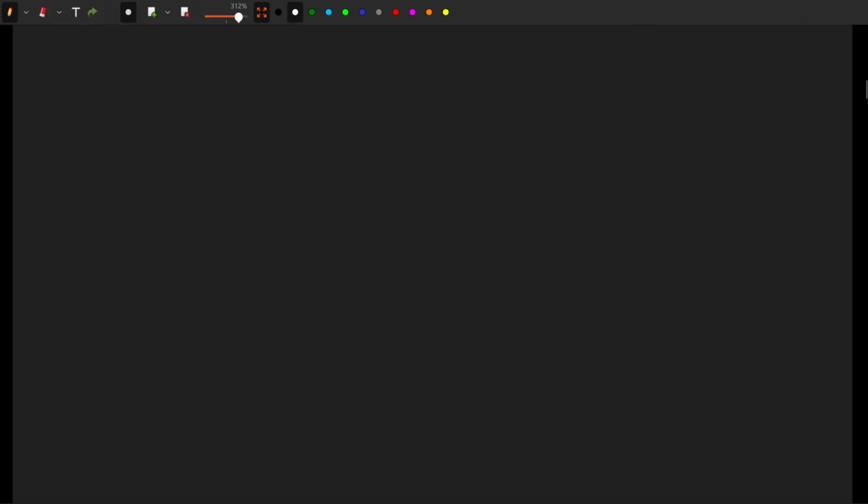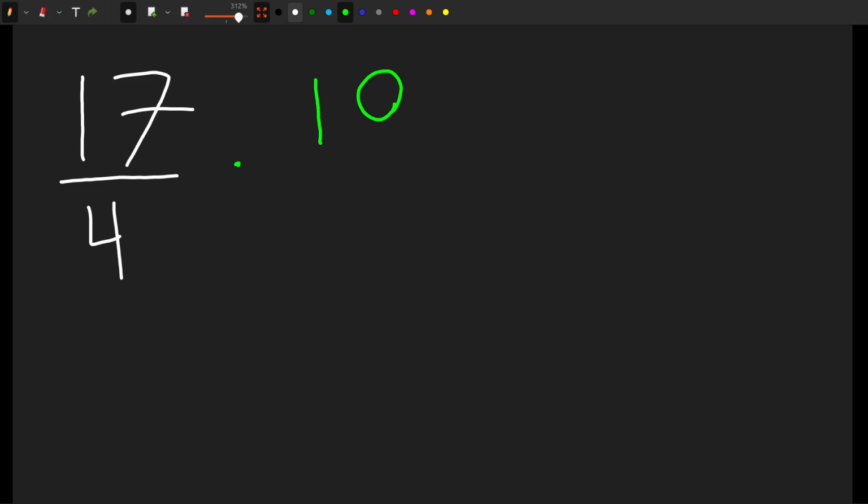And in the next problem, we will have 17 over 4. And we want to convert this to be a percentage. So again, what we're going to do is we will multiply, I'll use green this time, by 100. We know that 4 can be rewritten as 2 times 2.